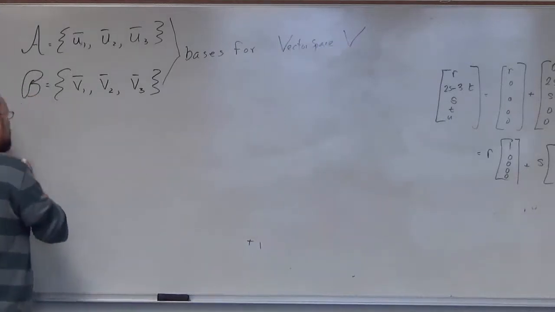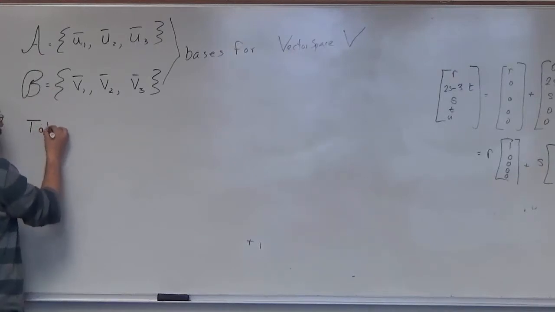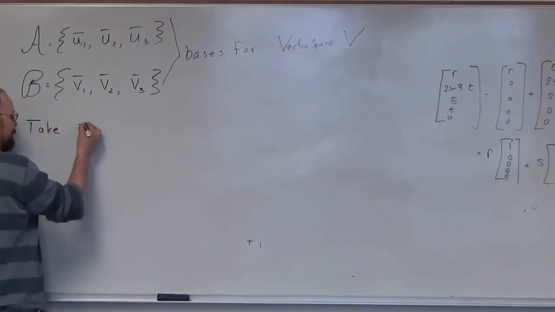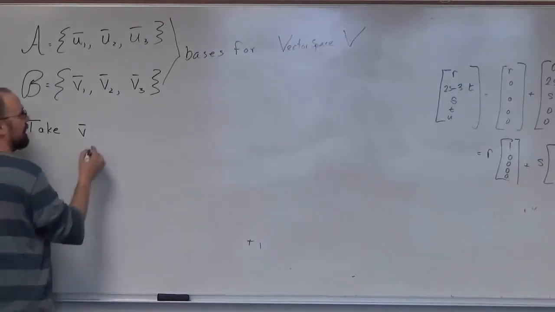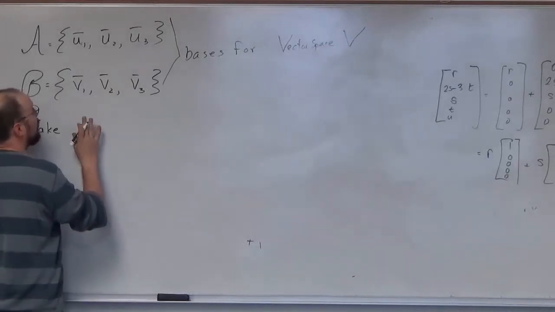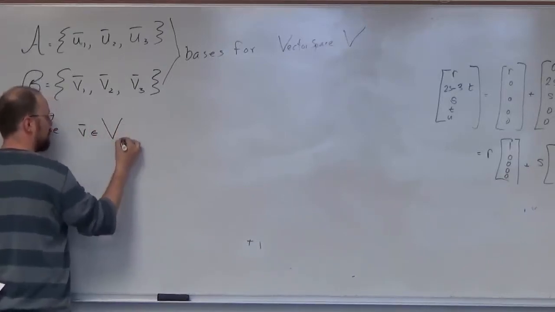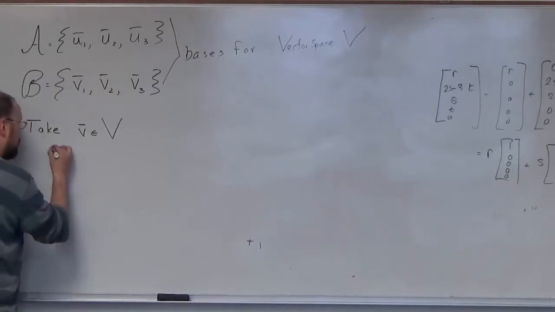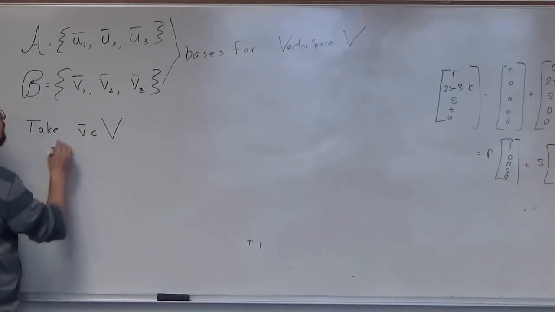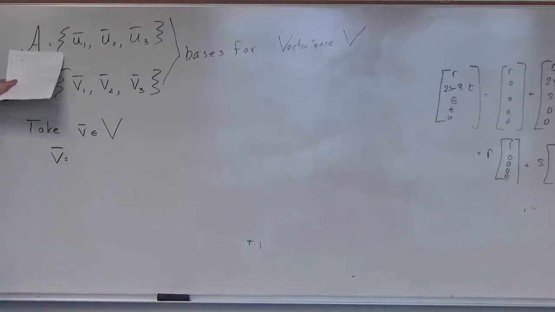So what are the coordinates? The notation here is logically clear, but it's as easy as learning to juggle to get used to it. But V is a vector. Maybe I shouldn't use V. Yeah, I should. It's a vector in V. So this vector can be expressed as a linear combination of the basis elements A, right?